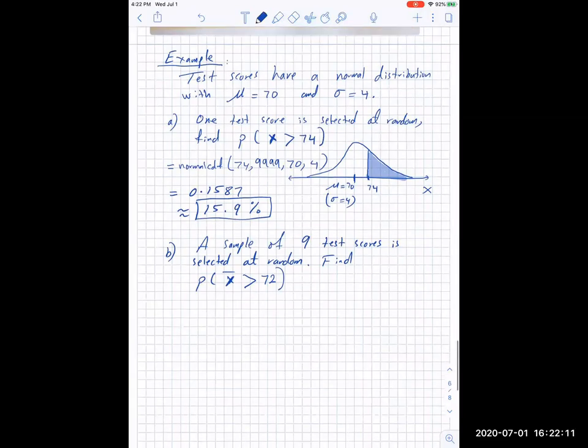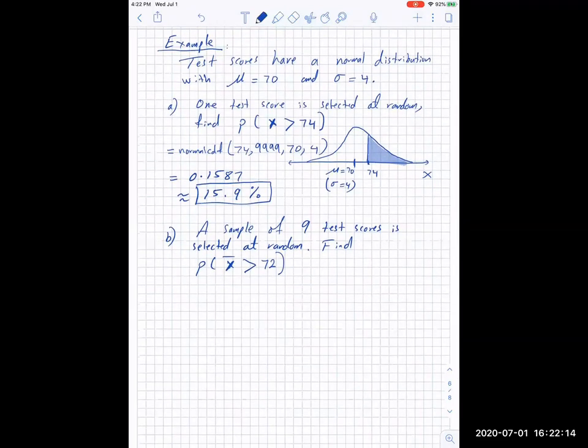In this case, we're going to apply the central limit theorem. We're going to use the sampling distribution of the sample mean, X bar. Again, the distribution of the sample mean is a normal distribution with a center equal to the population mean, which in this case is 70.